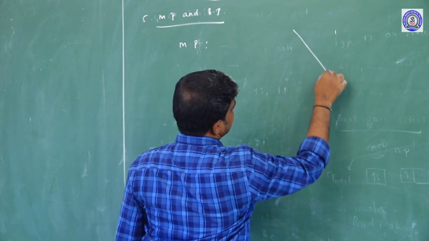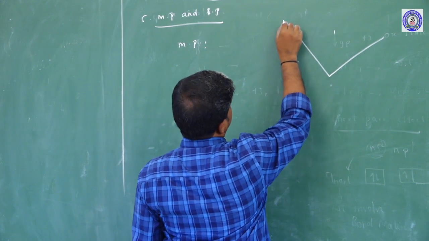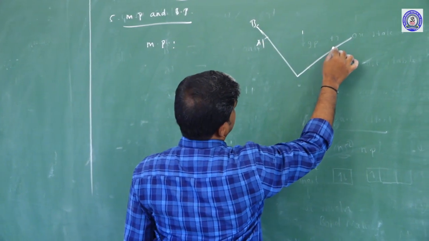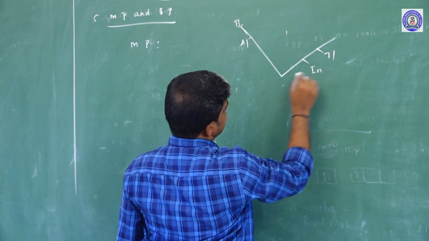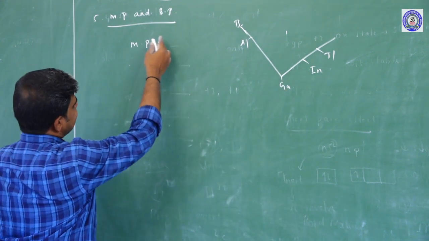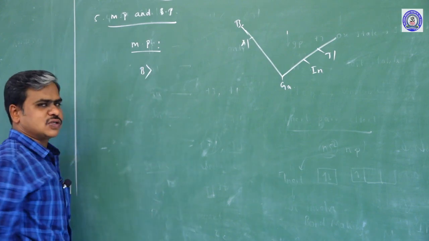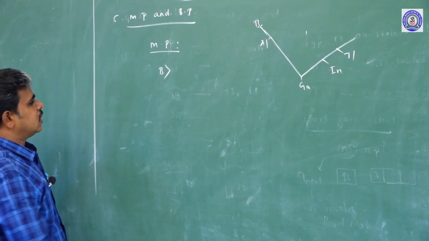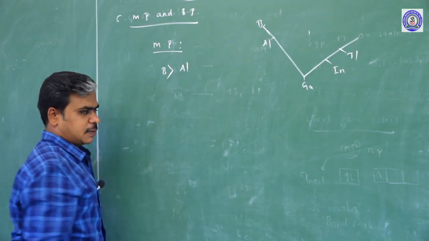Here we may take a graph like this. We take boron, here aluminum, here thallium and indium, and here gallium. So we may take the order of melting point. Boron has the highest melting point, because it is a polymer, and after that it is aluminum.